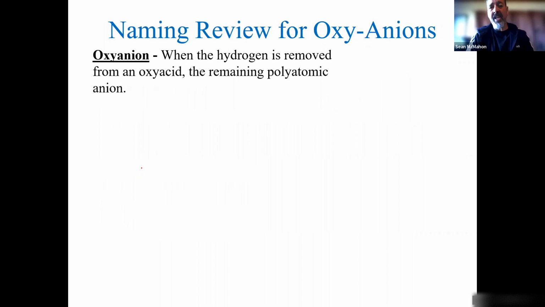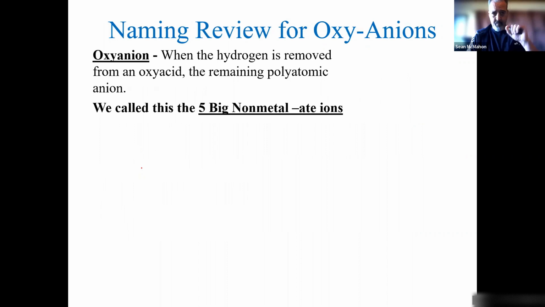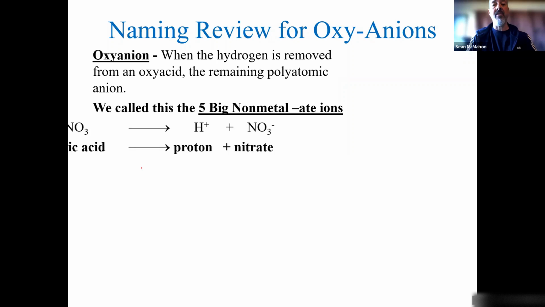The one that's a little more challenging was the oxyacids. So I want to do a review of the oxyanions, because really all the oxyanion is, is a hydrogen removed from the oxyacid. So to review, we were focusing on the 5 big nonmetal 8 ions.